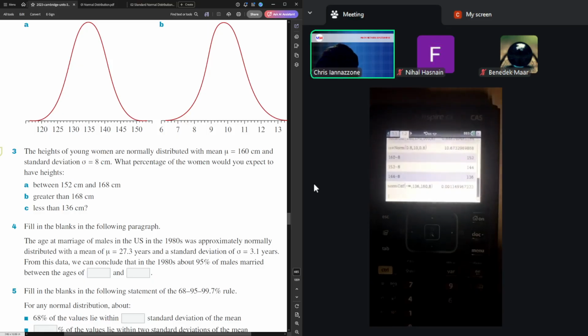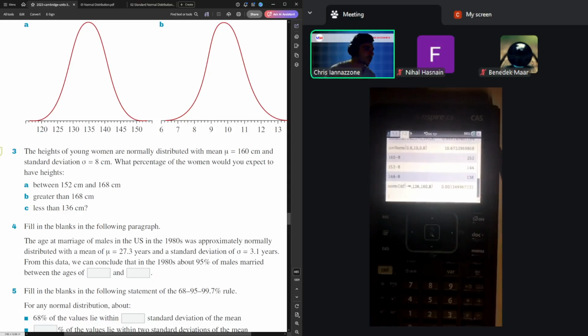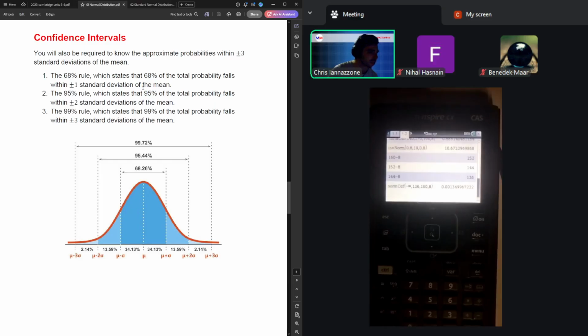So if we're lucky, we should get 0.5%, which we don't exactly get, but it's pretty close. So 1% is there. Yeah, it's a little bit off, but we are also truncating quite a bit of that 99%. It's 99.72.